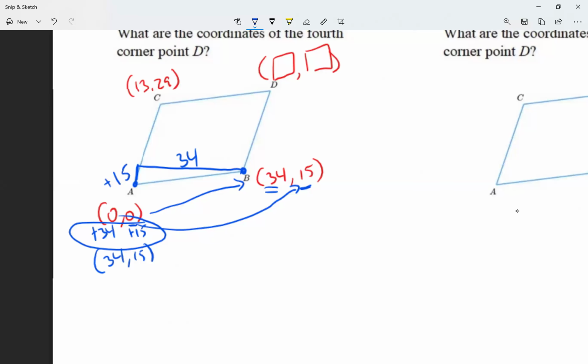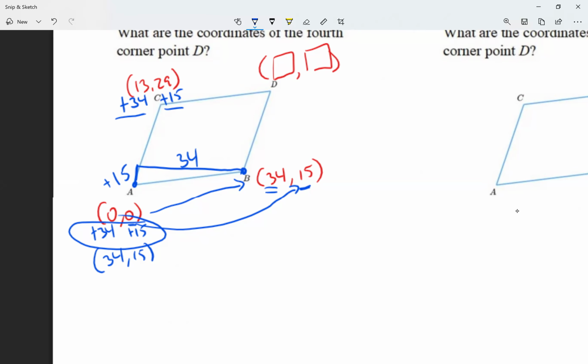That's exactly what I'm going to do to my point C to get the coordinates of D. I'm going to add 34 on X and add 15 on Y, and my results are going to be the coordinates of point D. The reason why is because I'm getting the same slope.